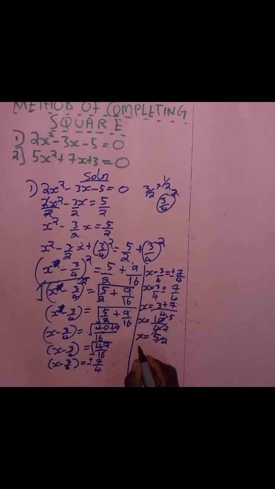And let's check for the negative sign. x is equal to 3 minus 7 all over 4. So therefore we have negative 4 over 4. So therefore 4 and 4 is 1. We are getting x is equal to negative 1, or x is equal to 5 over 2.